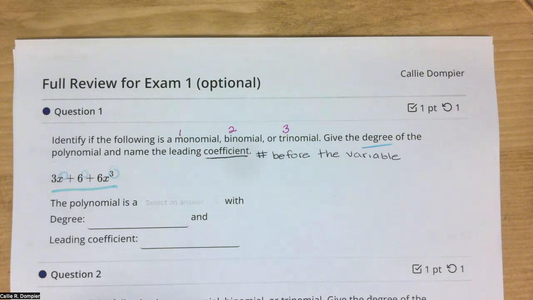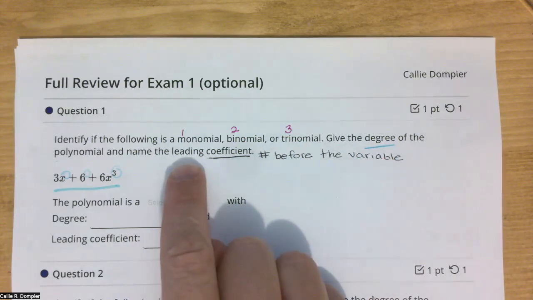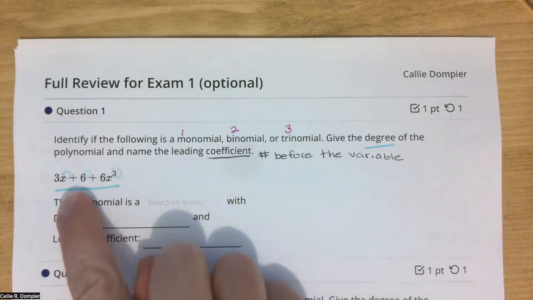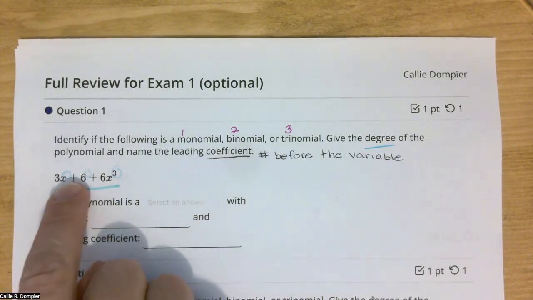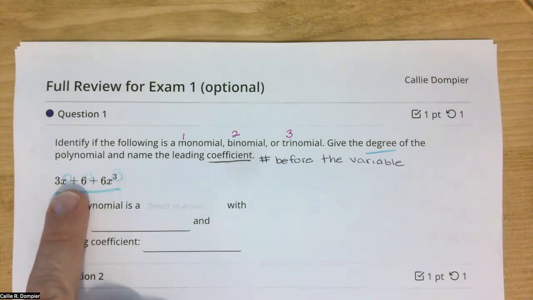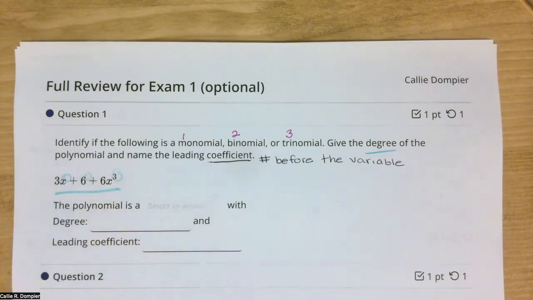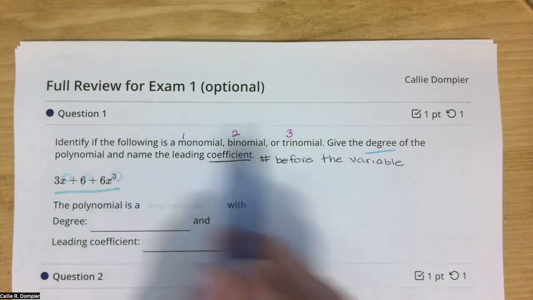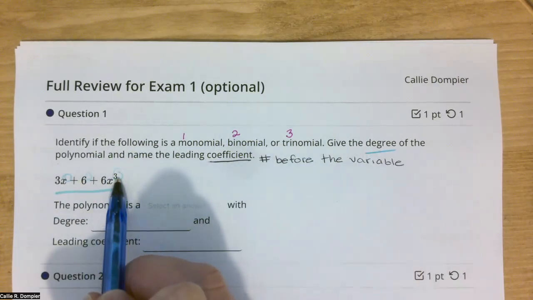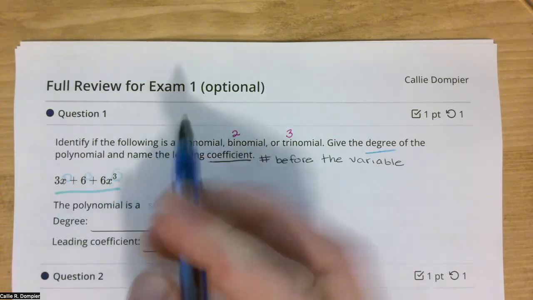We know if we need the degree of it and the leading coefficient, to lead just means the first one, right? So the leading coefficient right now is 3 because that is the number before the variable x. However, we want to put it in descending order. We're going to go from biggest degree to smallest degree, okay?